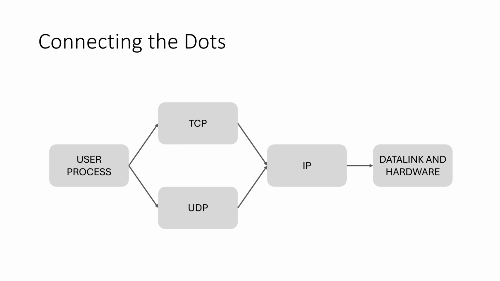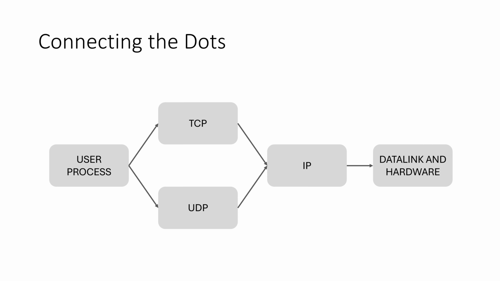Now let's bring it all together and see how data moves from the application layer down through the stack. When you run an application like a browser, it sends data to the transport layer, which decides whether to use TCP for reliable delivery or UDP for connectionless and faster communication. The transport layer adds headers containing port numbers and control information.